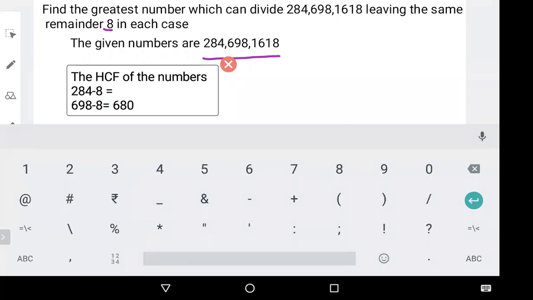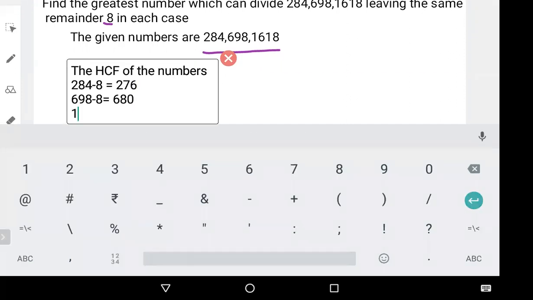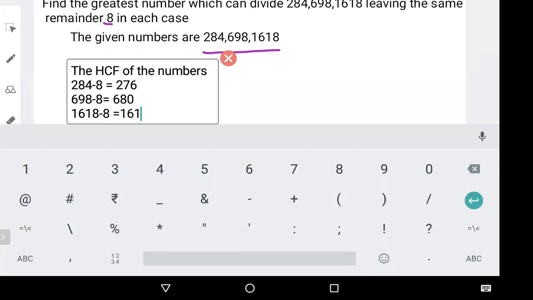And here, how much do you get? 276. Then the last number, 1618 minus 8. How much do we get? 1610.